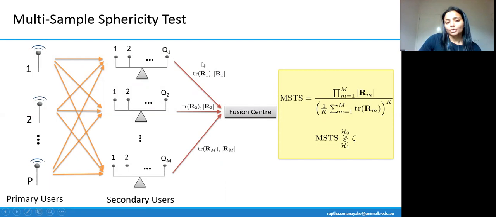So instead of sending all the raw data up to the fusion center, all we have to send now is just two real numbers, and that significantly reduces the amount of network overhead. So based on these received signals, we calculate this new test statistic and check if that is above or below a certain user-defined threshold, and declare the null hypothesis or the non-null hypothesis. So that is the idea behind the multi-sample sphericity test.